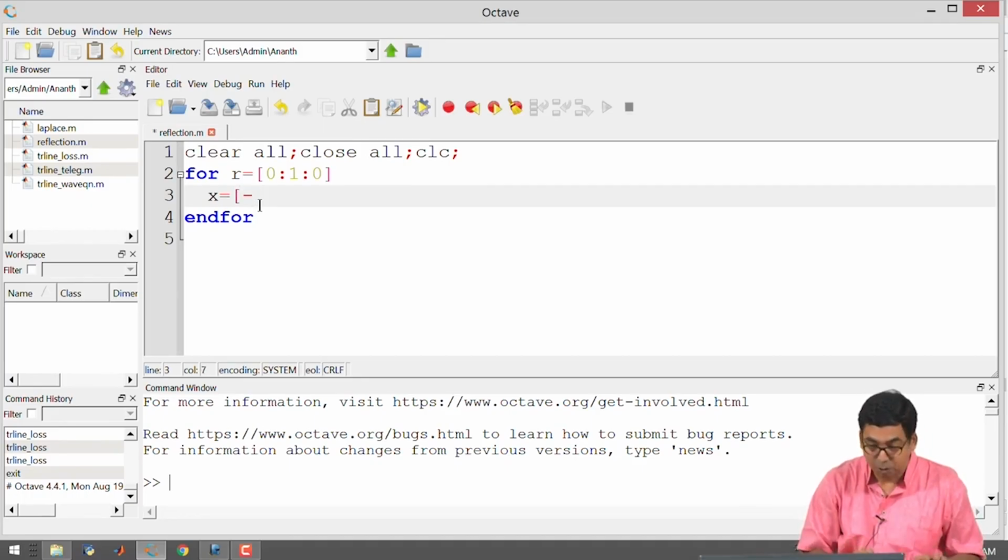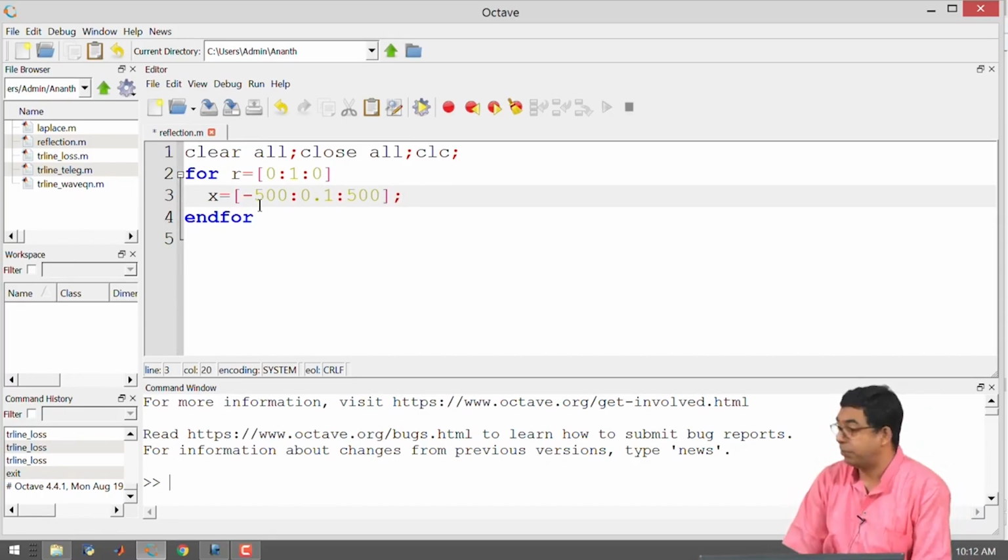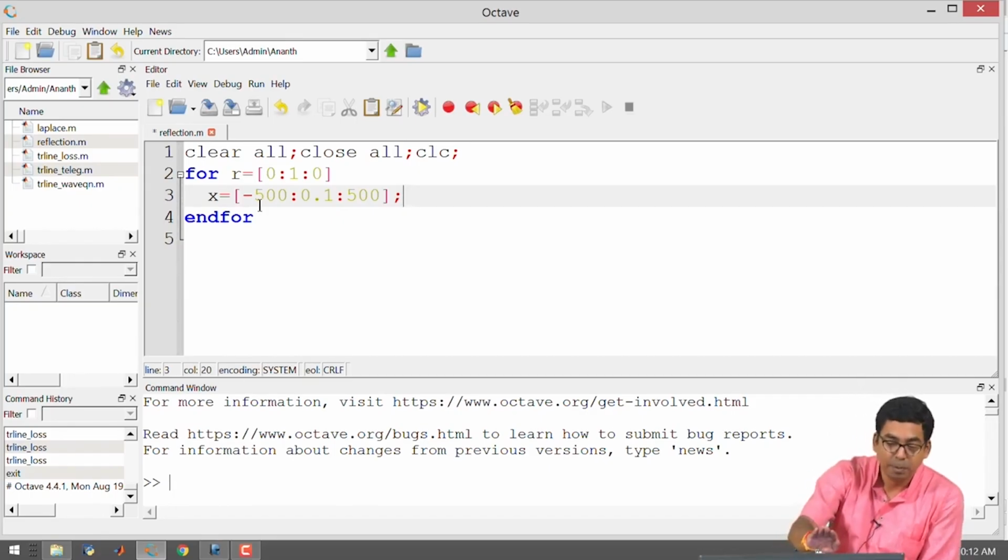So, I am going to go from minus 500, just pick the number, you could pick 50, you could pick 5000. I will show the consequence of using all of them in a second. So, I am going to have the normalized reactance going from minus 500 to 500, but my R value is going to be fixed at 0.